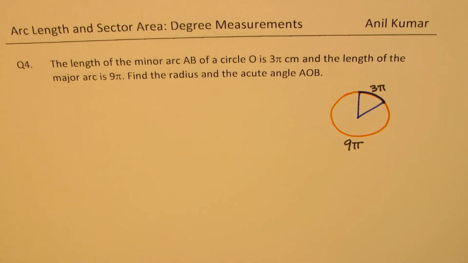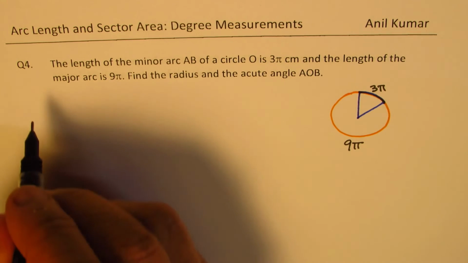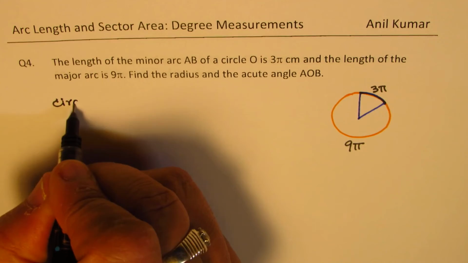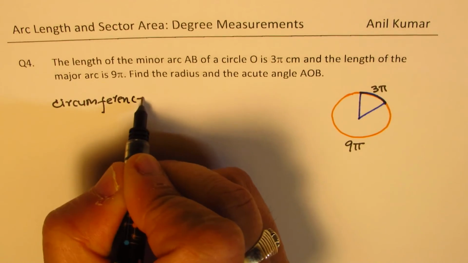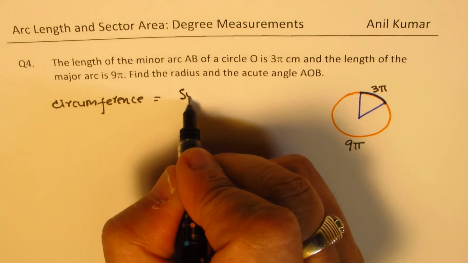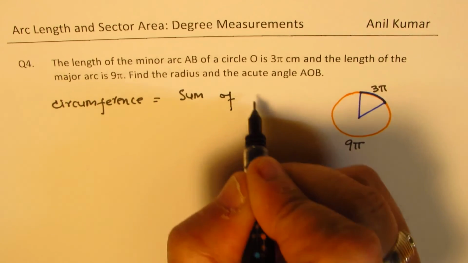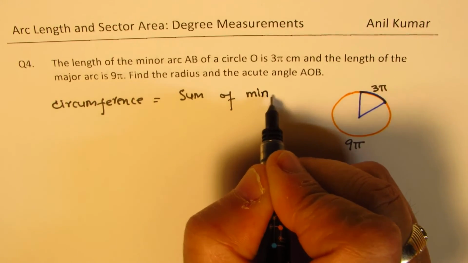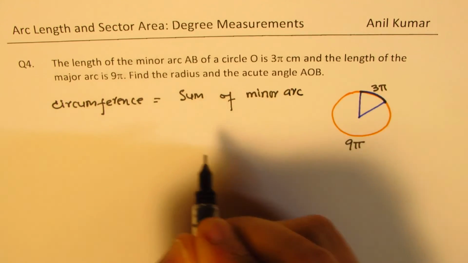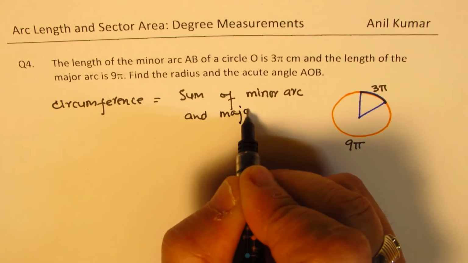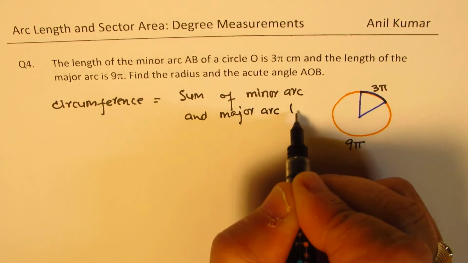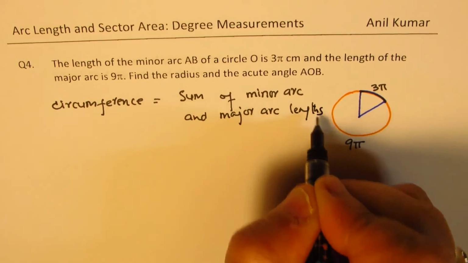Correct? You need to find the radius. Well, the circumference is the sum of the minor arc and major arc lengths. Clear?